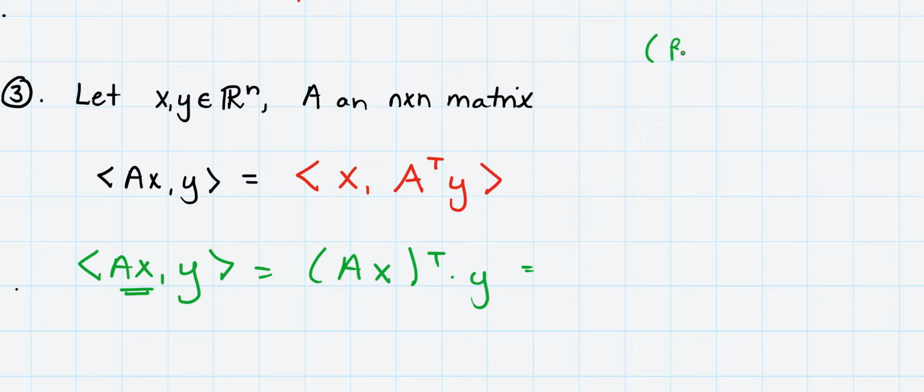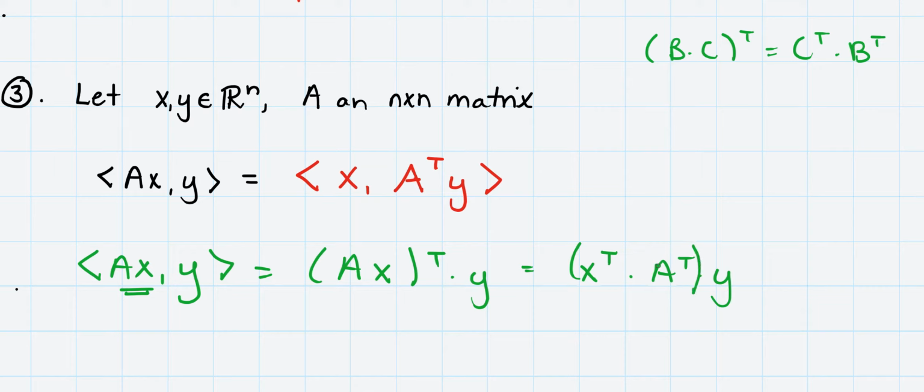Remember, if we have B times C, and we take the transpose, this is C transpose times B transpose. So we get x transpose times A transpose times y. And you can put the parentheses here if you like, that's fine. But remember that with matrices, they are associative. So now we can put the parentheses here.